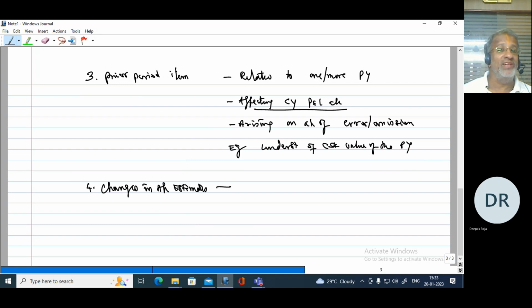I can review the life of the asset, and based on that, the depreciation charge might go up or come down. So please just understand where actuals are not matching with the estimates: the difference between the two.